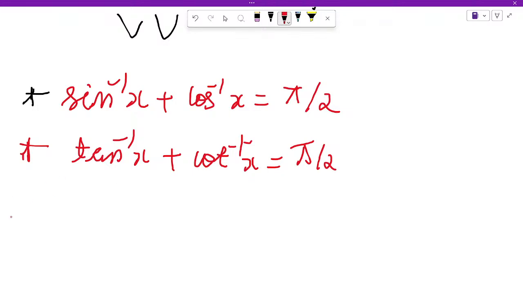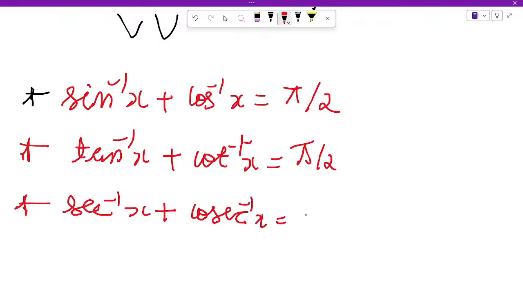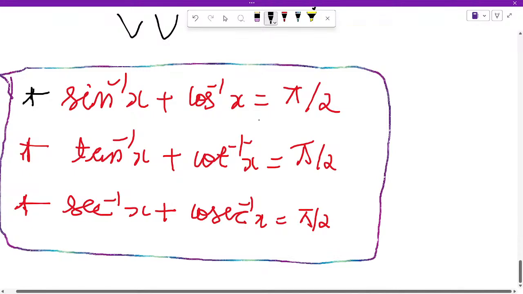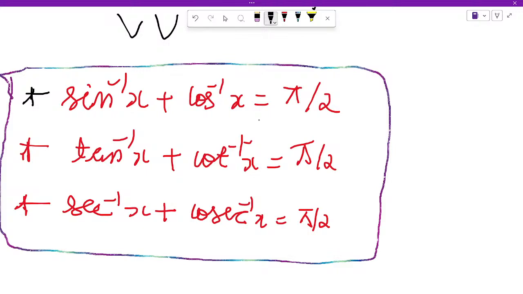Okay. Next formula, sec inverse x plus cosec inverse x will also be equal to pi by 2. So these three are very, very important formulas. Please go through this, because in questions we need to use these properties or so-called identities.